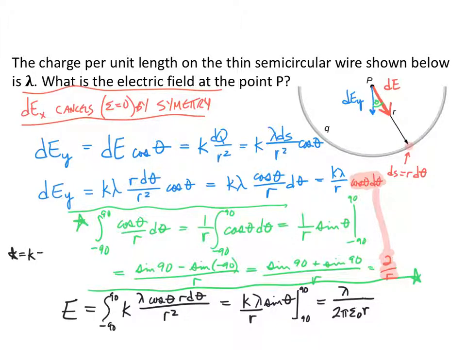Your Coulomb constant k is 1 over 4 pi epsilon naught. And so when you multiply this 2 over r, it cuts the 4 in the denominator in half.